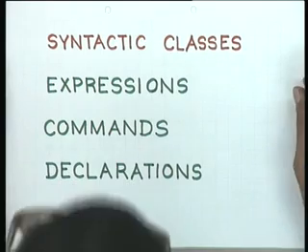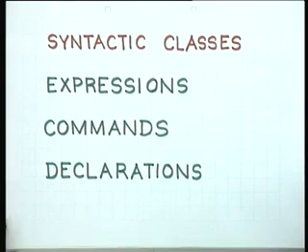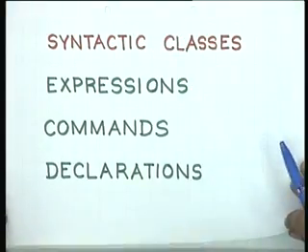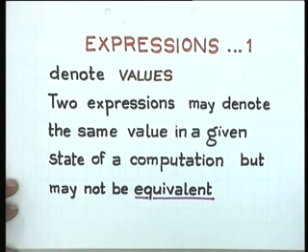We went through the basic syntactic classes of a language, which we said were expressions, commands and declarations. These are syntactic classes which have specific meanings. Expressions just denote values. There is really nothing more to expressions.